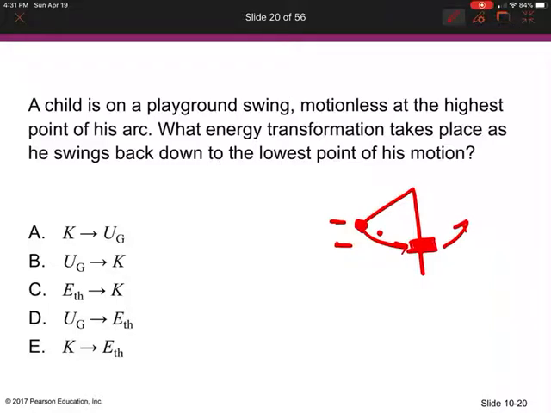It could have some drag maybe, so you could get into that a little bit. But we're not talking about in between either. We're talking about the lowest point. So what's the energy transformation? From this point right here, it had total potential energy. So all these you can wipe out. And then at this point right here, it has 0 potential energy and all kinetic energy.